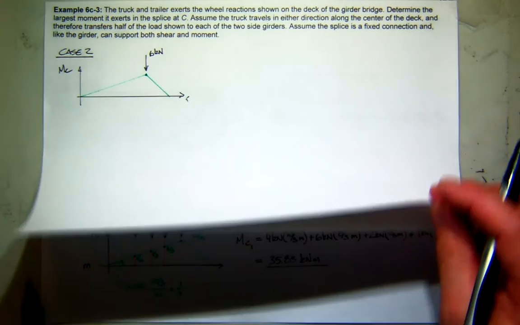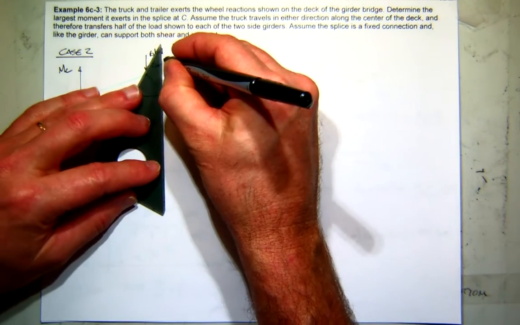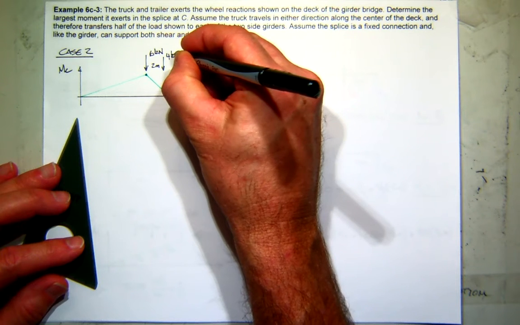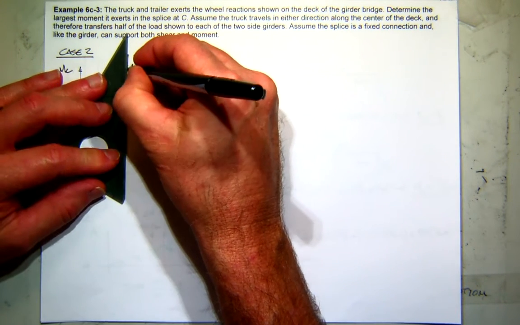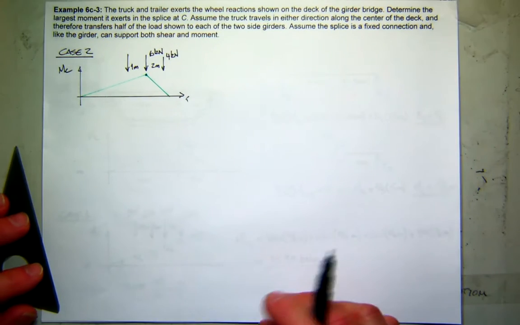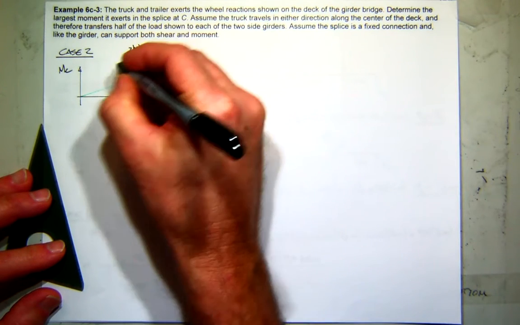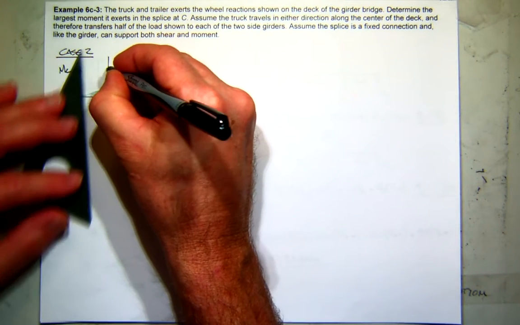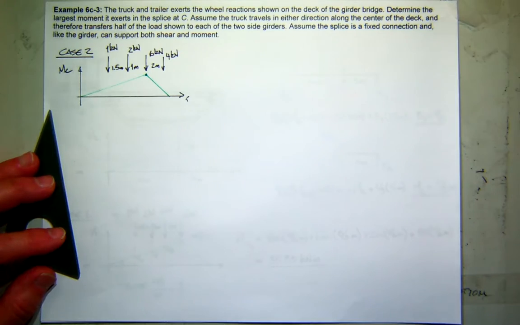And 2 meters in front is the 4 kilonewton. 1 meter back was the 2 kilonewton, and 1.5 meters back was the 1 kilonewton force.